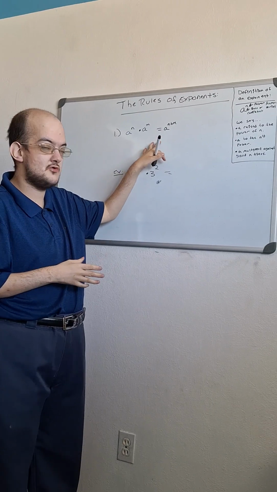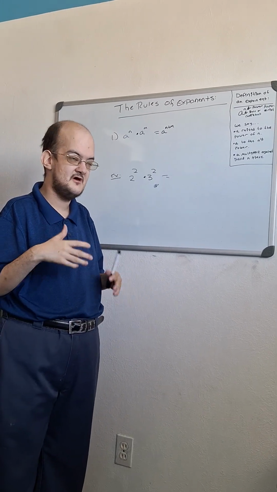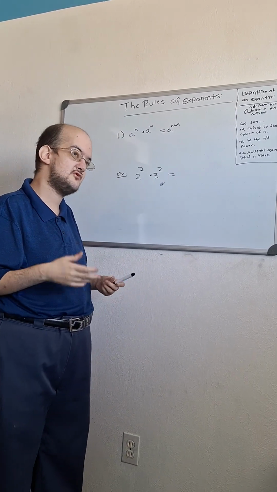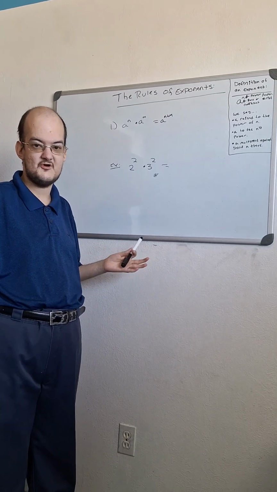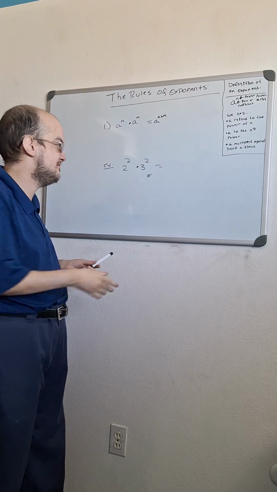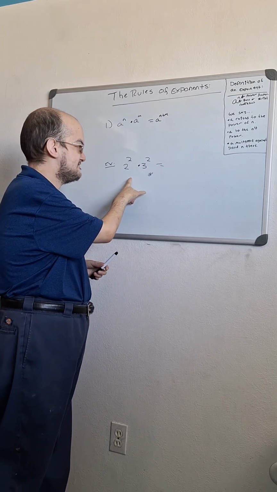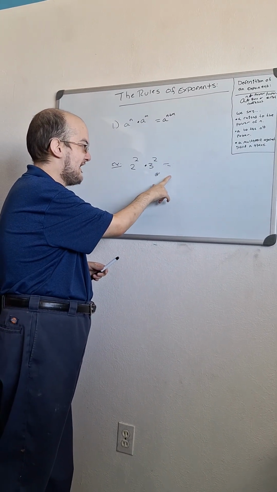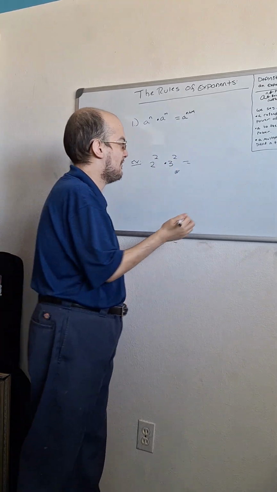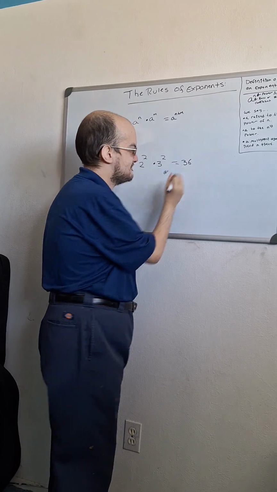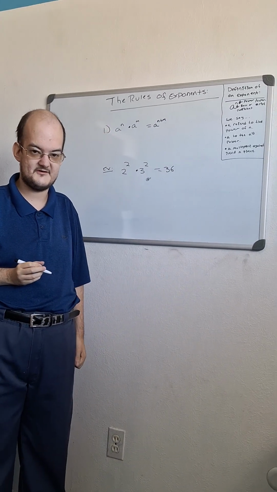Again, with rule number 1, it should come naturally. 2 squared times 2 cubed is going to be 2 raised to the power of 5. That took me less than a second to do. The same thing here. You can say, well, what is going to be the end result? 2 squared times 3 squared. Well, we already know that's going to give us an answer of 36.